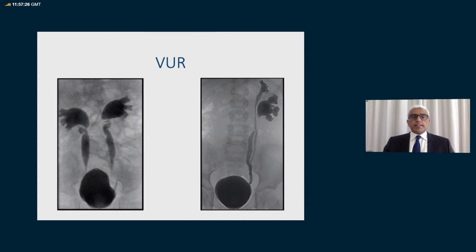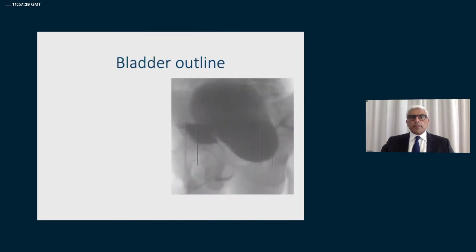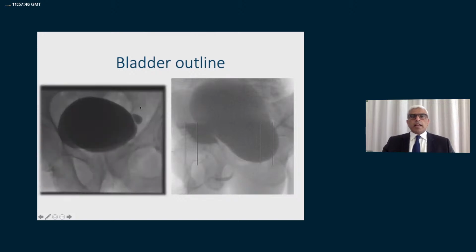One can also grade the reflux, and also you can see on the right side if there is a bifid duplex system, that can also be picked up on the urodynamic studies if there is a reflux. Bladder outline can be seen, and here you can see there is a diverticula, and here you can call it a Mickey Mouse bladder.